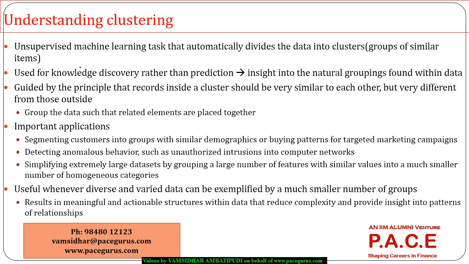So as it is very clear, it is an unsupervised machine learning. So there is no prediction aspect. I am not doing a classification or any kind of prediction here. So it's an unsupervised learning. So we are dividing the data into clusters here.